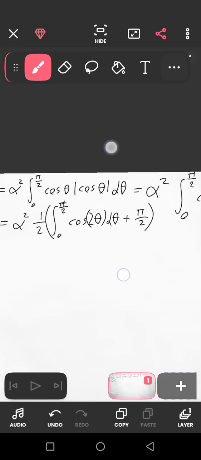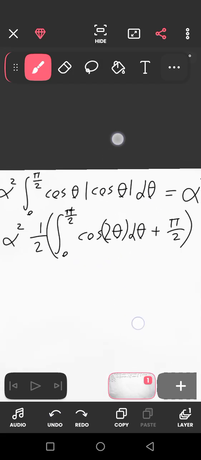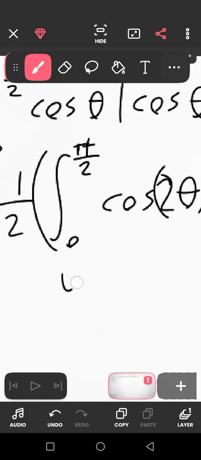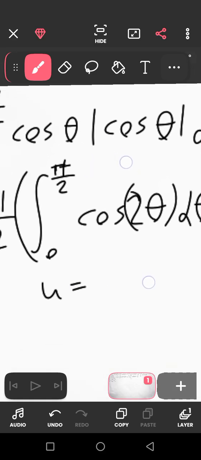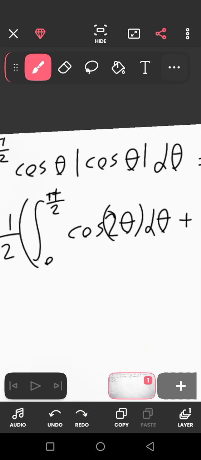Now what is this integral right here? Easy, just use substitution, so that u is equal to 2 theta, so du is equal to 2 d theta.